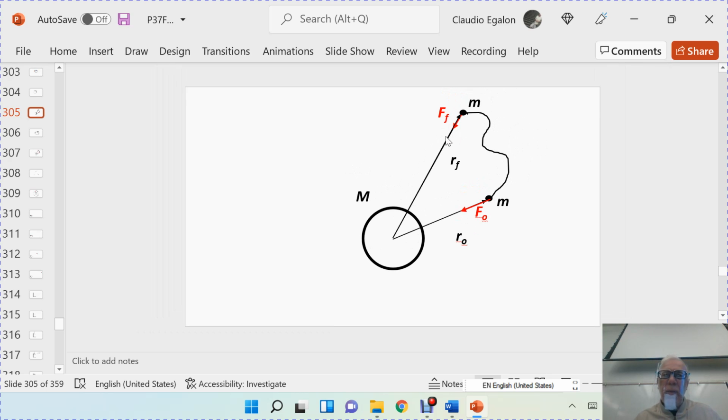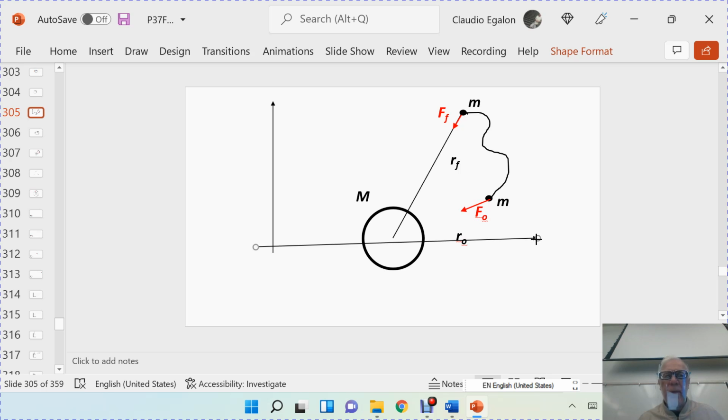The situation is the following. Because forces are vectorial in nature, they obey what we call the superposition principle. The superposition principle means that the forces add vectorially. The gravitational force acts vectorially. So this situation is like that. Let me shrink this object as much as I can.